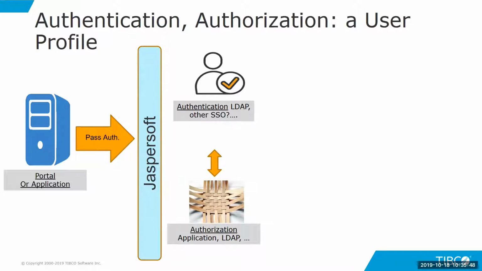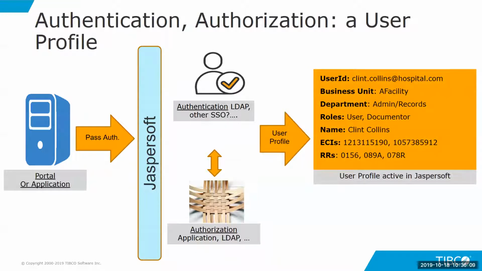The next step past authentication, which just says is this a good user and do we want to let them in, is authorization. How do you set up a user profile to identify that user to Jaspersoft so that we can do all these security things that we'll be talking about? This gets down to things like roles. You could be doing things like multi-tenancy with this, which is a very strong part of Jaspersoft.